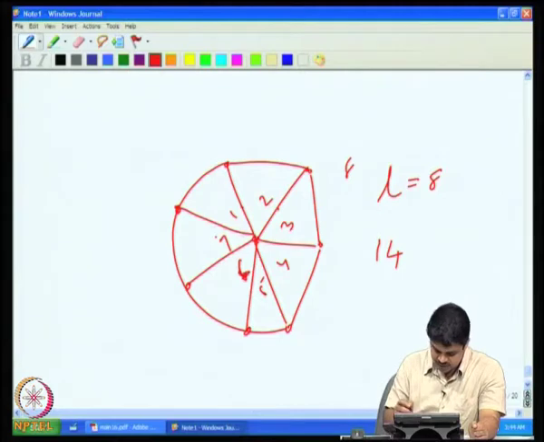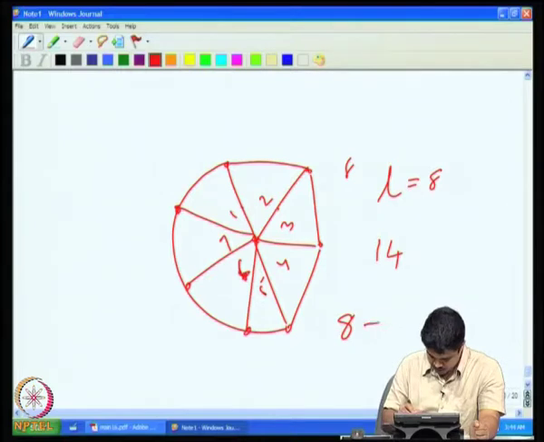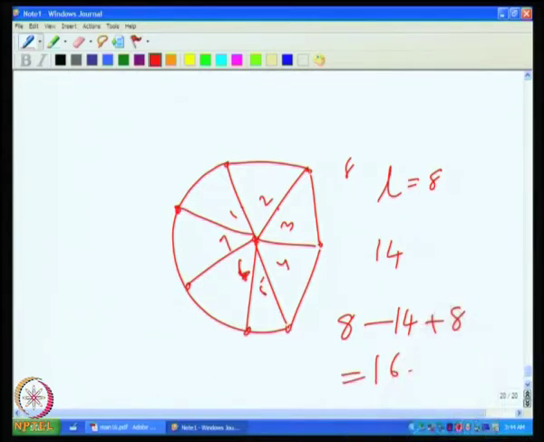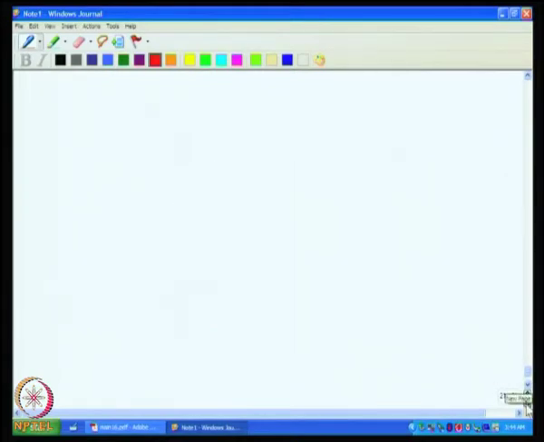The number of vertices is 7 plus 1, 8. So 8 minus 14 plus 8, that is 16 minus 14, equals 2 again.